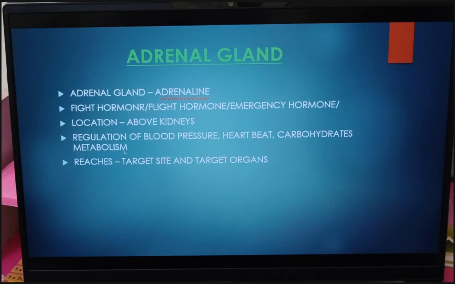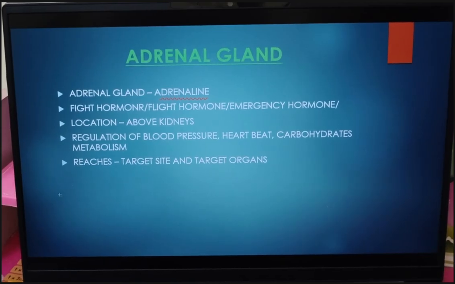And one common function of this adrenaline is that it reaches the target site and the target organs. I told you these endocrine glands are ductless glands which do not have any ducts to store. So once you face any situation, the adrenaline will be synthesized in your body excessively, and reach different organs, and that particular site you call the target site.